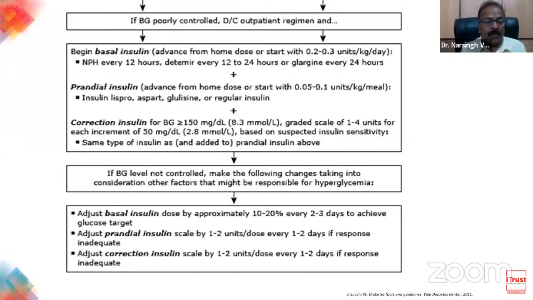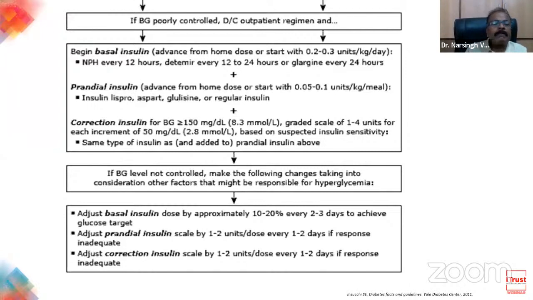They can be because of the adjustment required in basal insulin dose by approximately 10 to 20% every 2-3 days to achieve glucose target, and adjust prandial insulin scale by 1 to 2 units per dose every 1 to 2 days if response is inadequate, and adjust correction insulin scale by 1 to 2 units per dose every 1 to 2 days. It should not be in a very big hurry, 1 to 2 units every 1 to 2 days.